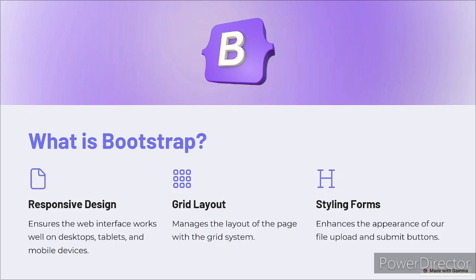You can include Bootstrap in your project by linking the Bootstrap CDN in the HTML file or by downloading the Bootstrap files. We use Bootstrap to ensure that our web interface is responsive and works across various screen sizes. Bootstrap comes with components like navbar, buttons, and forms that help us quickly build user-friendly web pages.